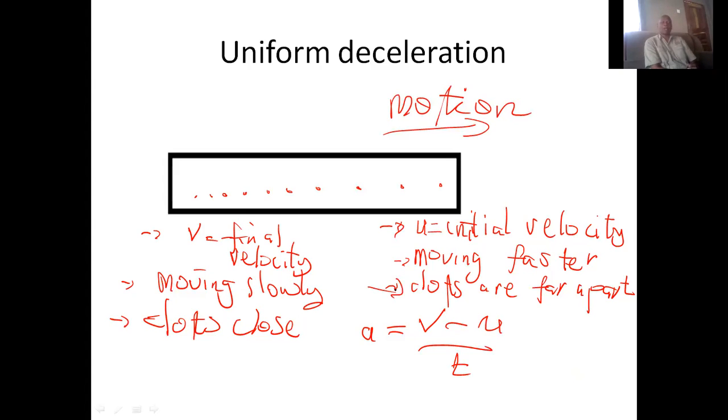Therefore we find negative acceleration, which is deceleration. So an object moving with uniform deceleration can be shown on a ticker tape timer where the dots are far apart and eventually become closer to each other.